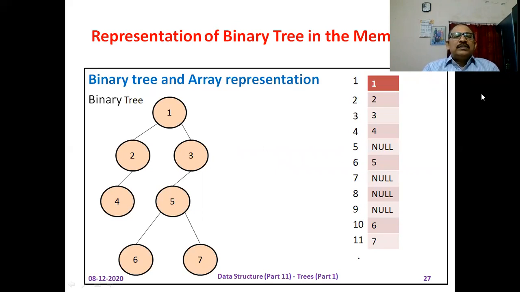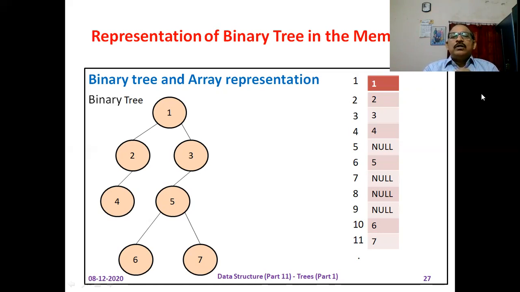Now suppose let us take a binary tree which is represented on the left hand side of the figure. This binary tree has 7 nodes. And the height of this binary tree, you can see 1, 2, 3. The height of the binary tree is 3.